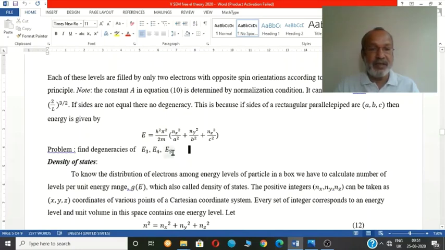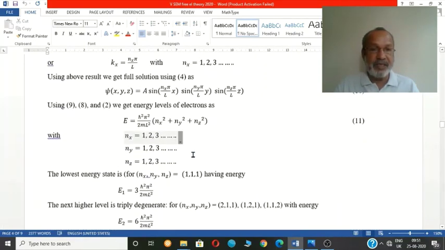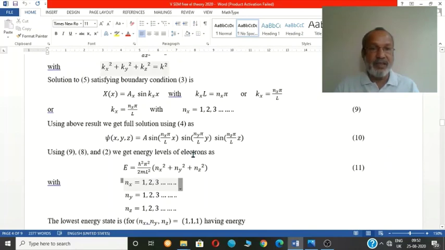What is the degeneracy of so and so energy states, like that they will ask. And before concluding, I just want to mention that this degeneracy is there for a cubical box only, because we have nx pi by L, ny pi by L, nz pi by L for the values of kx, ky, kz, like this.